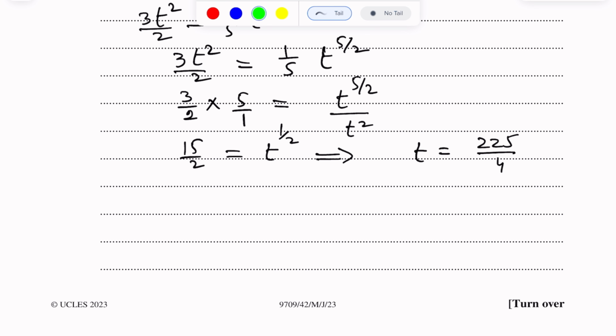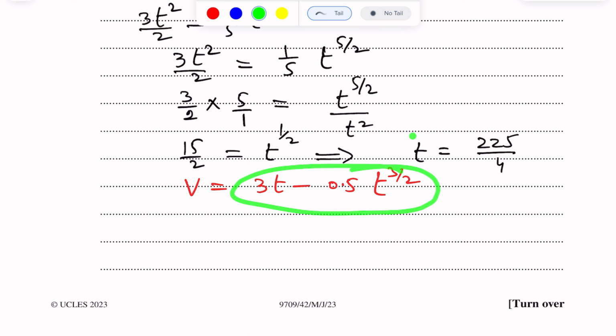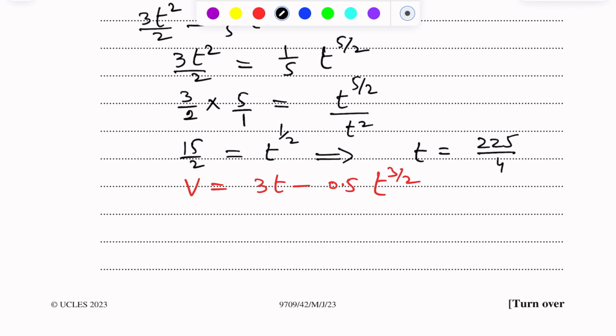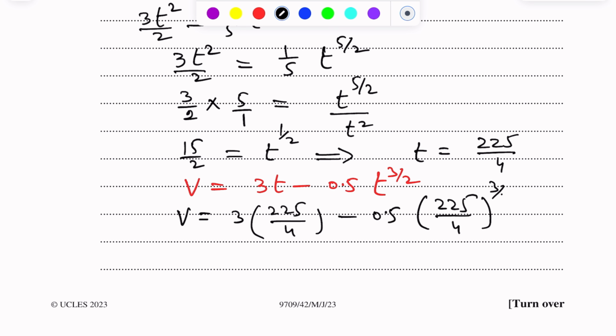Since the speed in the above part B is 3t minus 0.5 t power 3 over 2, now putting in this relation t is equal to 225 over 4, we get the value of v. So v will be 3 into 225 over 4 minus 0.5, t is 225 over 4 and power is 3 over 2.